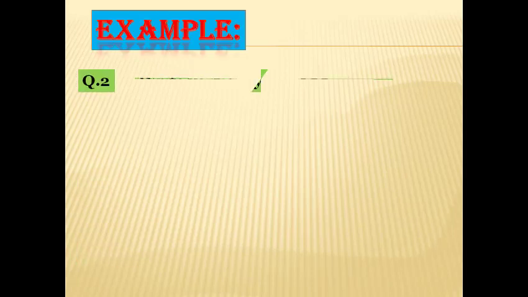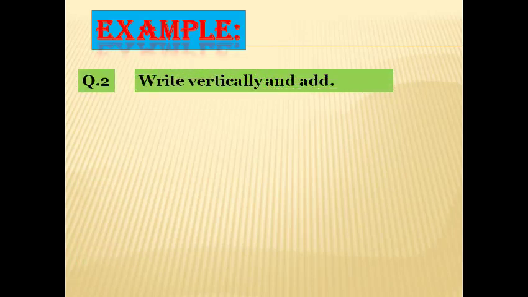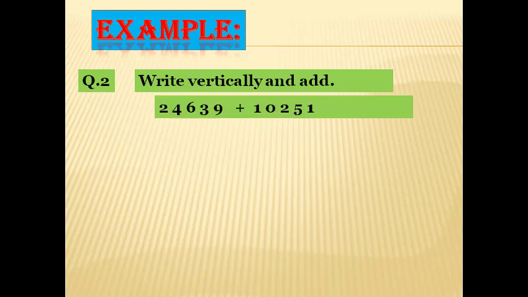Example 2. Write vertically and add. Here are the numbers. First of all, we will write these numbers vertically according to the place value chart, and then we shall add these numbers.